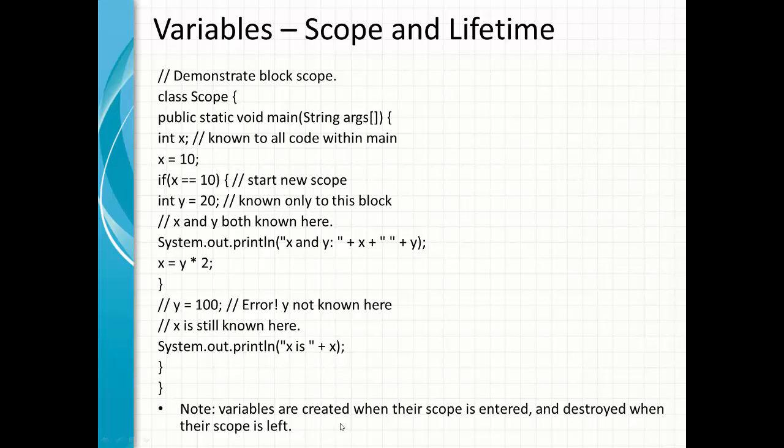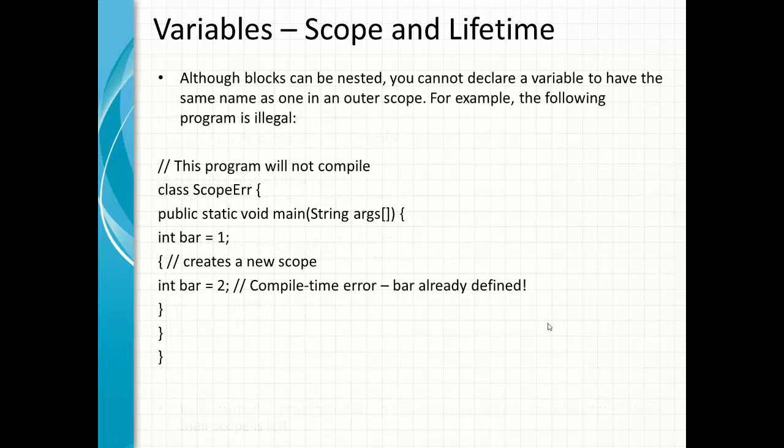The thing we need to note over here is that variables are created when their scope is entered and destroyed when their scope is left. Although blocks can be nested, you cannot declare a variable to have the same name as one in an outer scope. You can't do that, remember, because the outer variable is visible to the inner one.